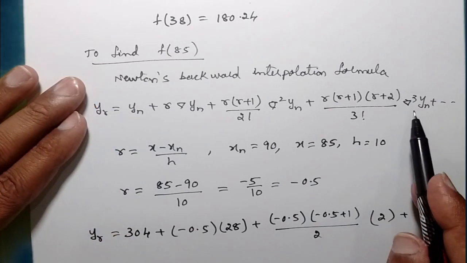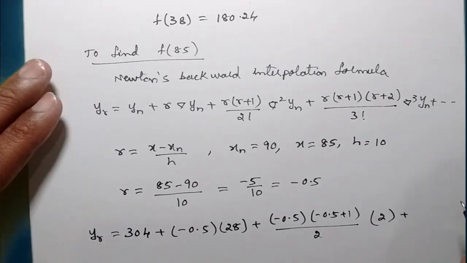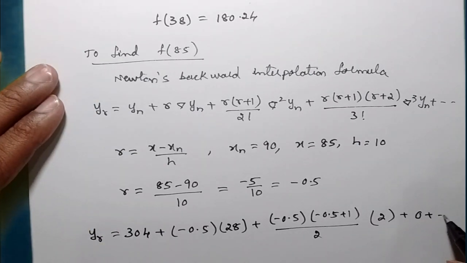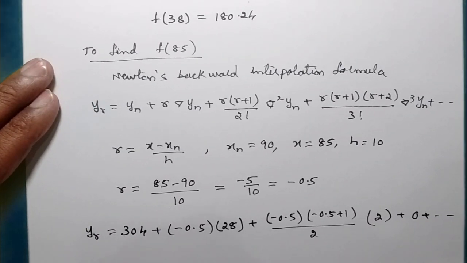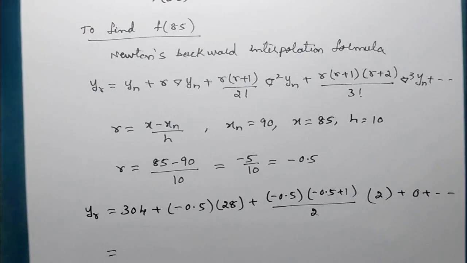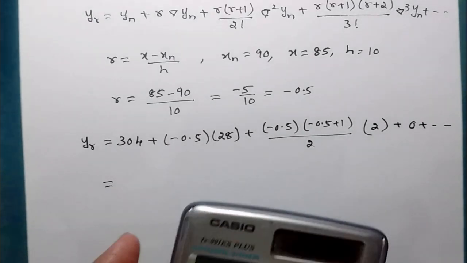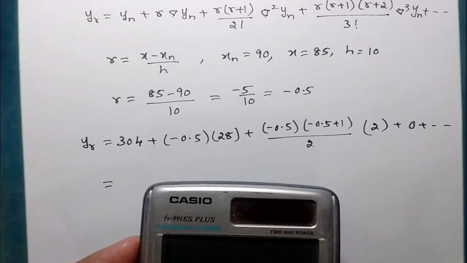Because the nabla cube yn value is 0 from the table, 0 into anything will be 0 itself. You can just ignore that one. So once again you can use the calculator and calculate.